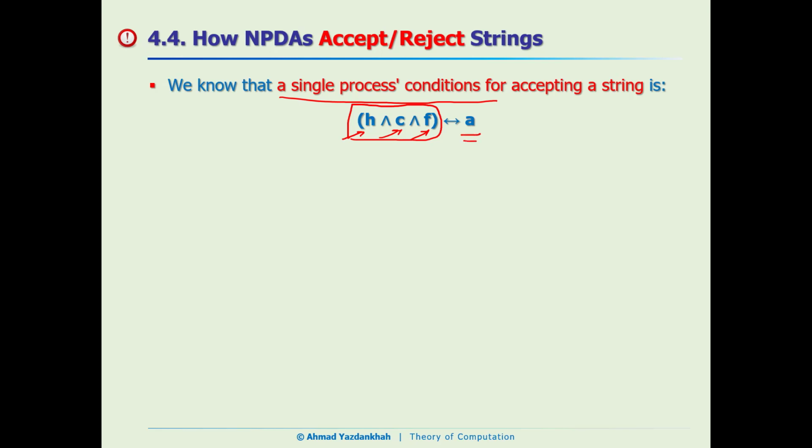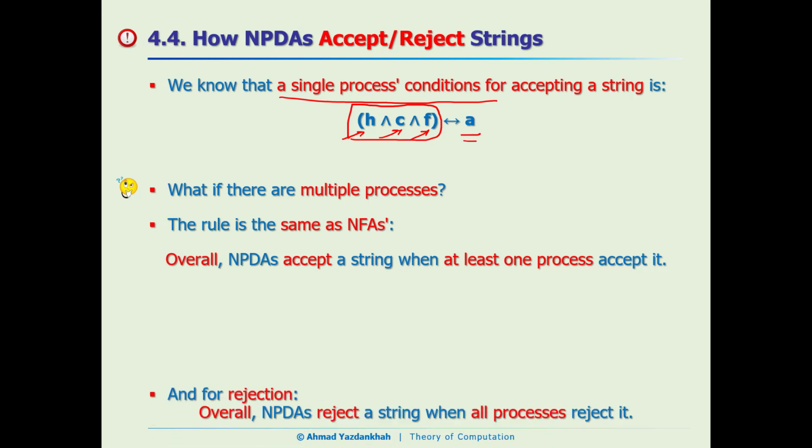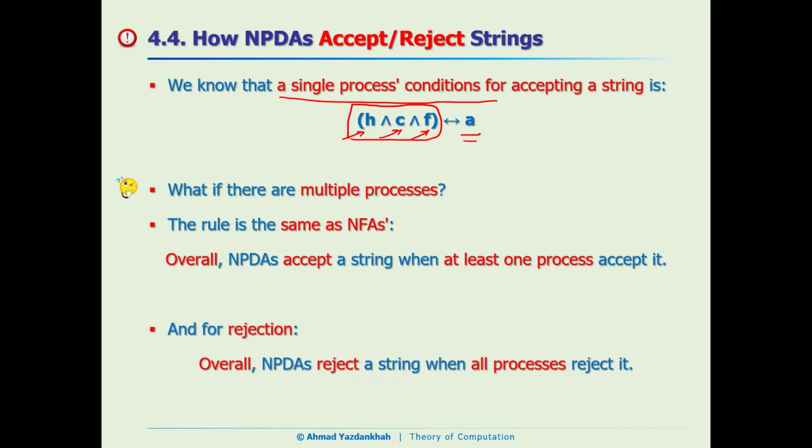So this is only for one process. But how about if we have multiple processes? The same rule as the NFAs. If at least one process accepts a string, then that string will be accepted. And for rejection, we need all of the processes to reject it.